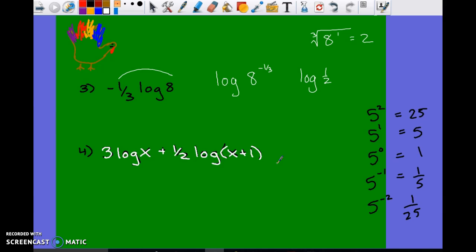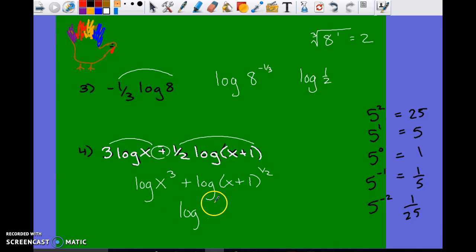You can just leave it like that. Okay, got a couple of things happening here. I've got some numbers out front that need to be put back in their place. I also have addition, so I'm going to change it to multiplication. So I'm going to do log of x to the 3rd plus log of x plus 1 to the 1/2. I only have to write log once when you're condensing, okay?